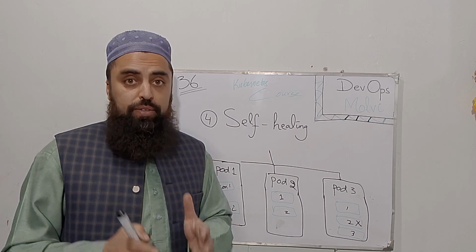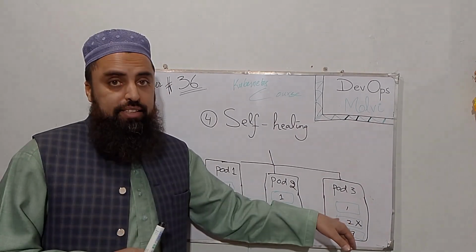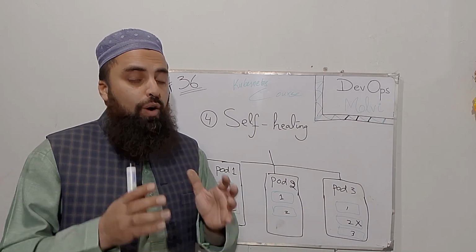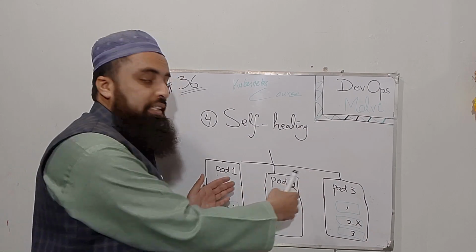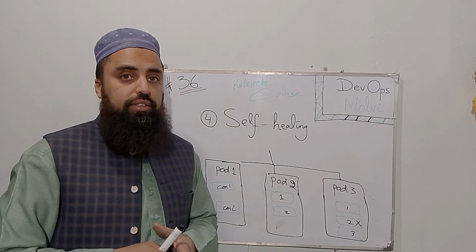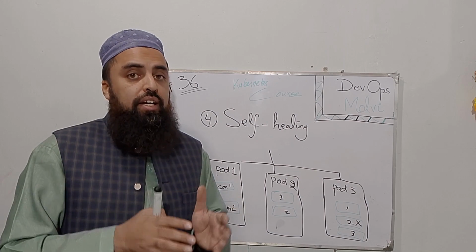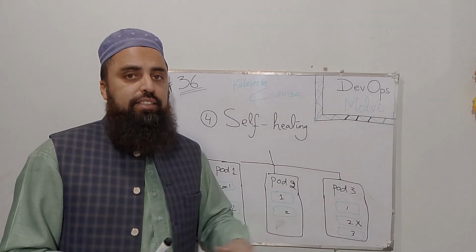And also guys, for your information, self-healing is not just limited to the containers inside the pod. Self-healing also detects and watches out the worker nodes. And we have these pods running on the worker nodes. So Kubernetes also watches the worker nodes, and it also watches the containers inside the pods.